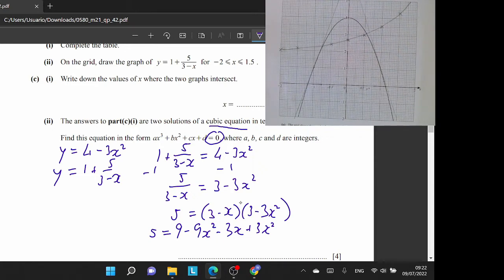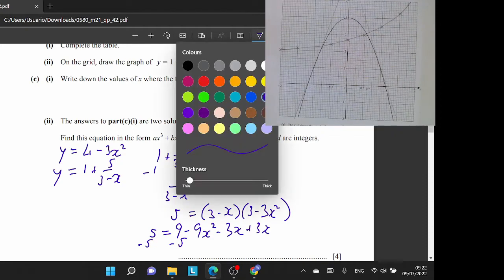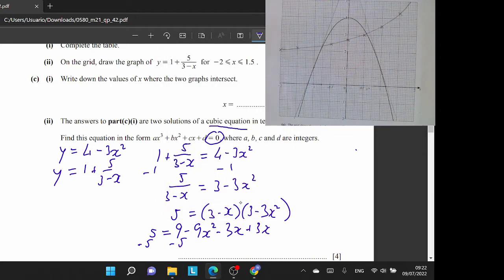We can just subtract 5 from both sides, which will give us a final answer if we write it in the correct order and we don't make silly mistakes like that one, which needs to be cubed. So writing this in the right order, I've got 3x cubed minus 9x squared minus 3x, and 9 minus 5 is plus 4 equal to 0.